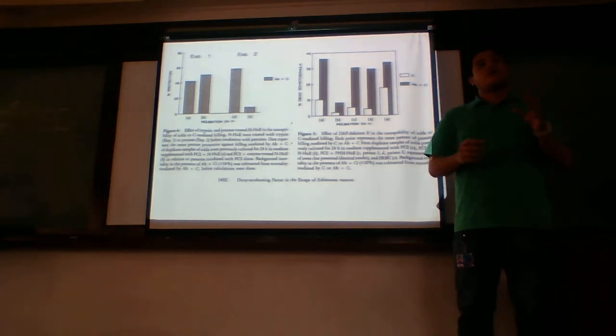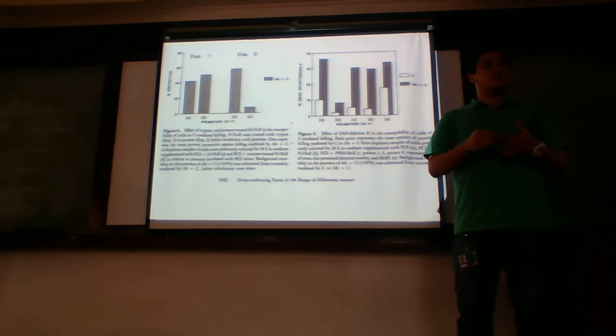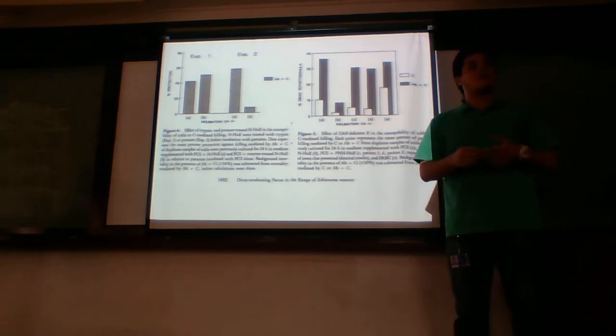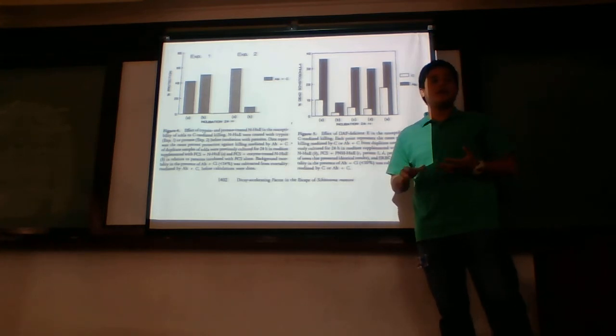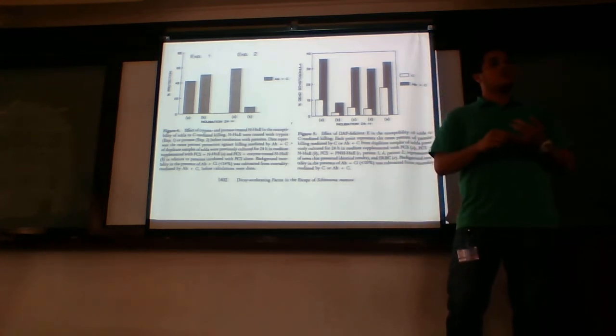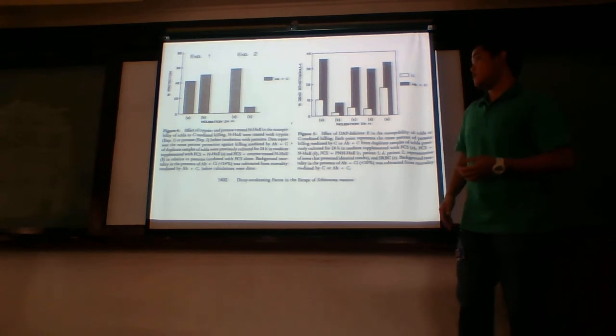So it was known that if you add trypsin, it would completely inhibit the C3b CR1 pathway without interfering with the DAF pathway. But if you added pronase, it would do the same to the DAF pathway, not interfering with the C3b pathway.